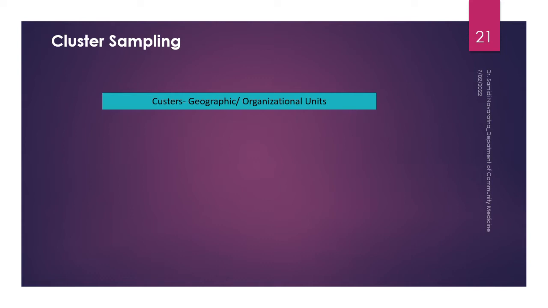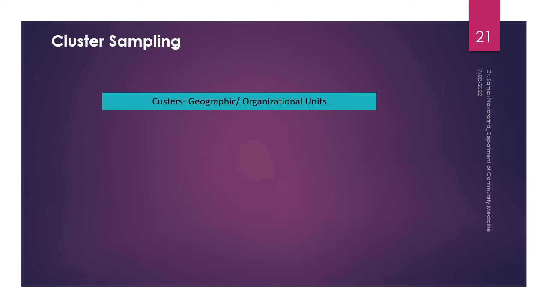On the other hand, what are organizational units? For example, you can take the classrooms of students, maybe the batches of medical students, then hospitals, then what else? Then the schools and even banks and other organizations that exist in the community.